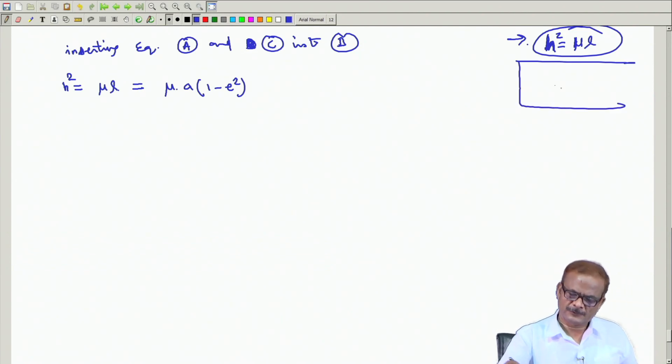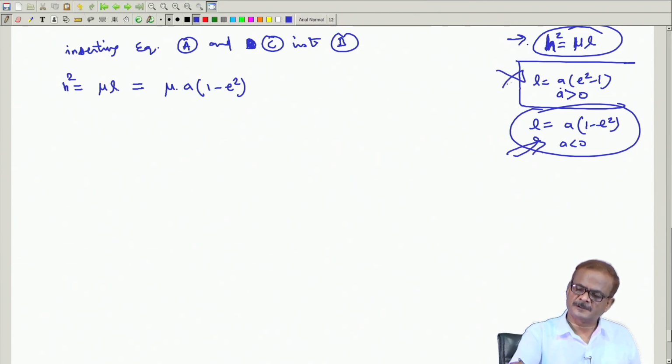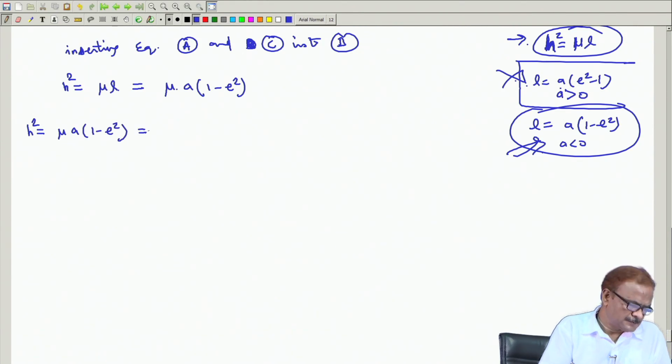Again remember we are not using this expression L equal to a times e square minus 1. If I use this, I am assuming here a greater than 0. If I write L equal to a times 1 minus e square, here we assume a is less than 0. So, I am using this part, not that part. So, using this, we can write mu a times 1 minus e square equal to r square v square minus r r dot square.